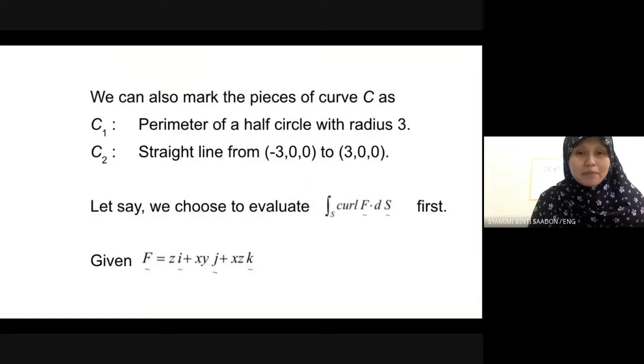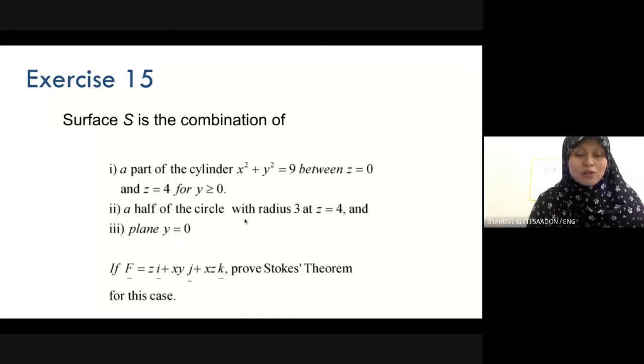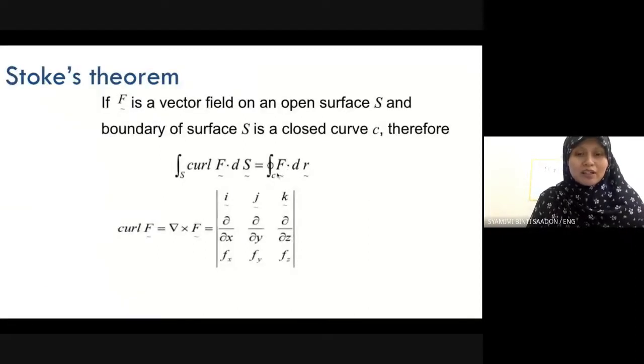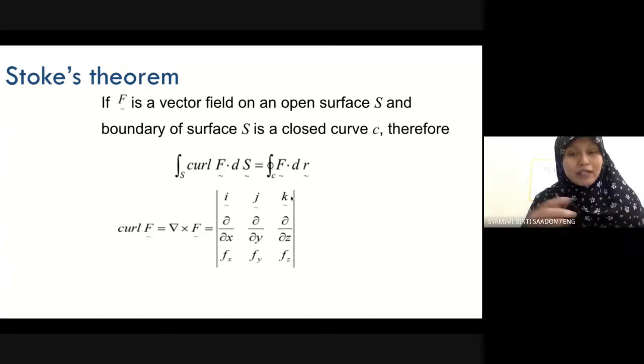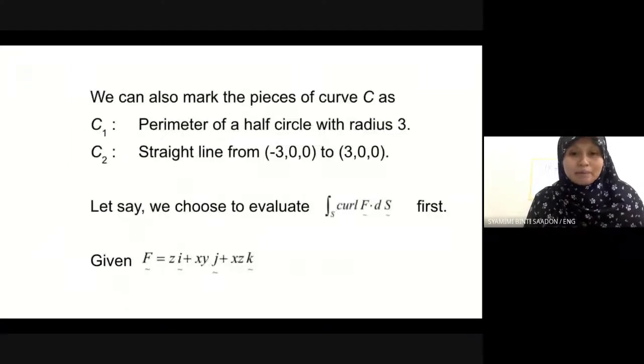We can also mark the curve C as C1, the perimeter of a half circle with radius 3, and a straight line from minus 3. Because we have to prove Stokes theorem, we have to do the integral of the surface in one part, and in the other part we have to do the integral of a curve. So how do we define the curve? For the right hand side part, we define C1 as the perimeter of a half circle with radius 3.